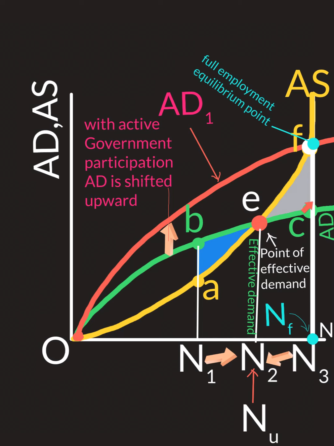The deficiency in aggregate demand to reach the full employment equilibrium would be due to the deficiency in spending. Aggregate spending consists of consumption spending and investment spending. According to Keynes, consumption propensity remains more or less stable.